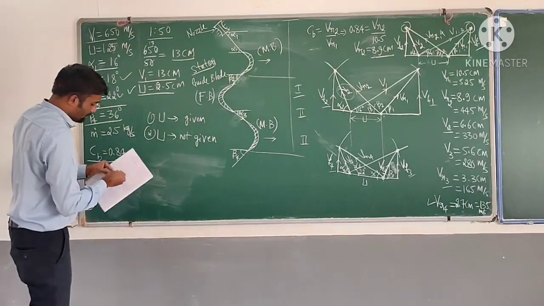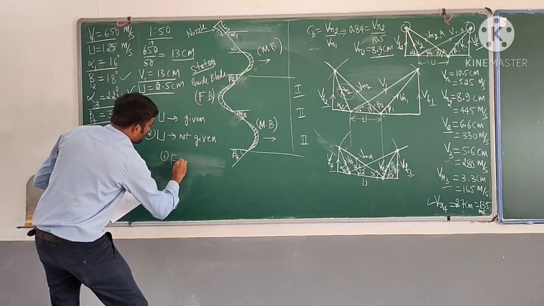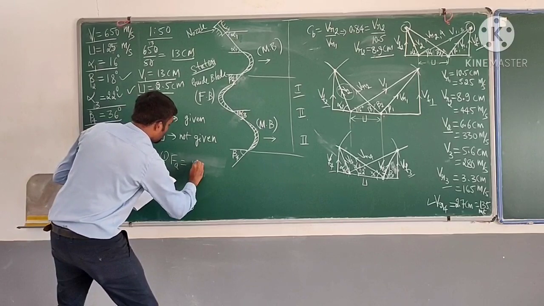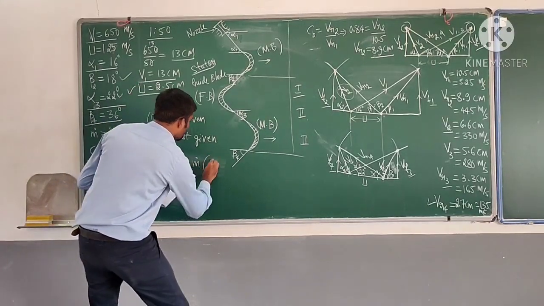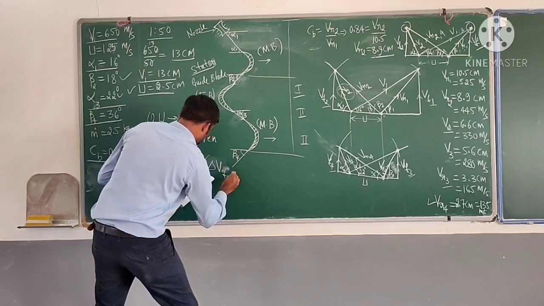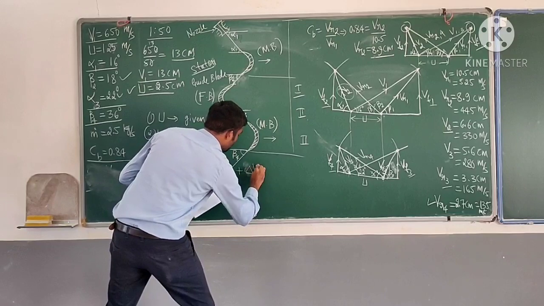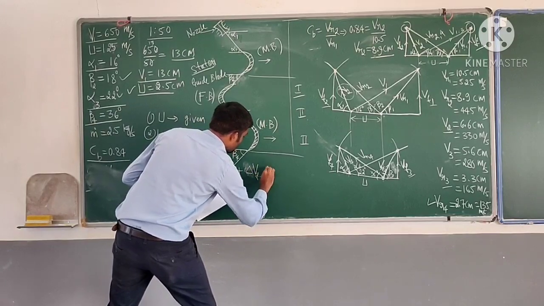To calculate axial thrust, which is FA, the formula is m dot, delta VF for the first stage and delta VF for the second stage.